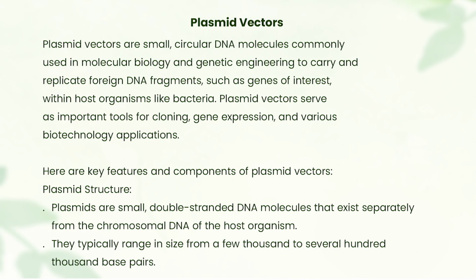If we see the structure, plasmids are small double stranded DNA molecules that exist separately from chromosomal DNA of the host organism. They typically range in size from a few thousand to several 100,000 base pairs.